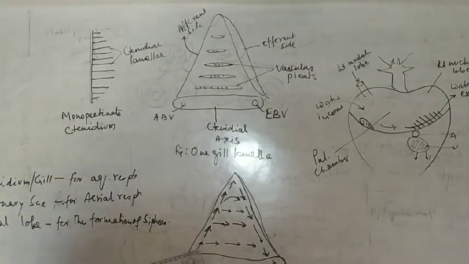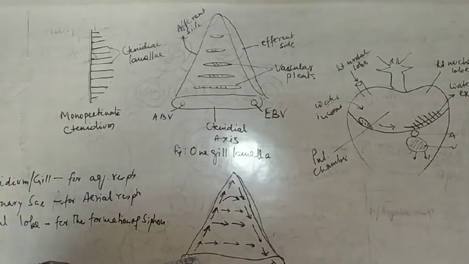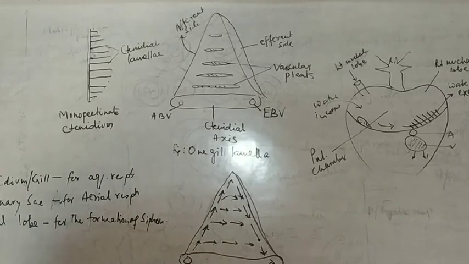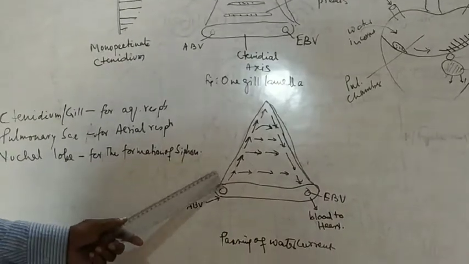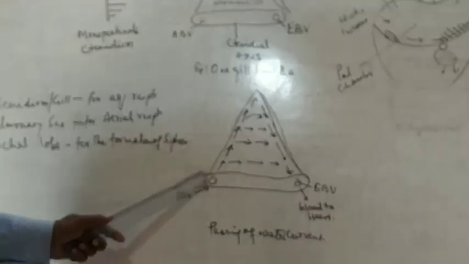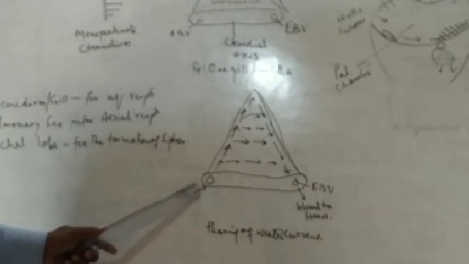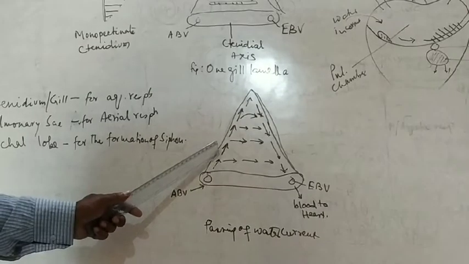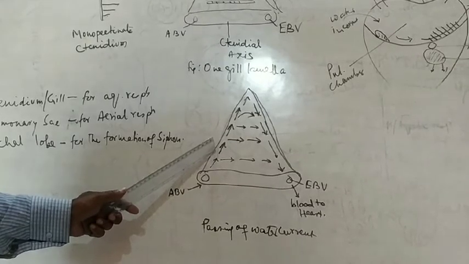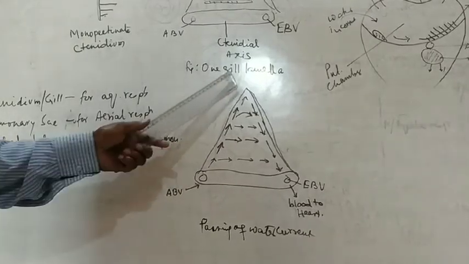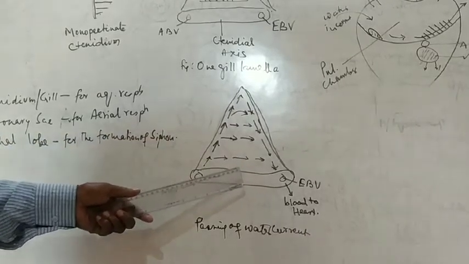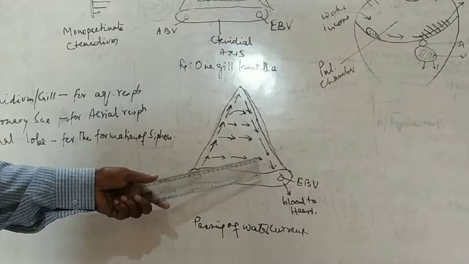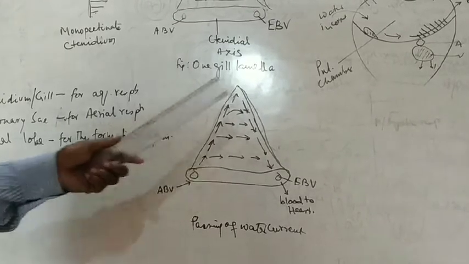And the diagram here is showing how the water current passes in the gill lamella. You see that water enters through the afferent branchial vessel, passes through the afferent side and back towards the efferent branchial vessels, passing towards the heart.